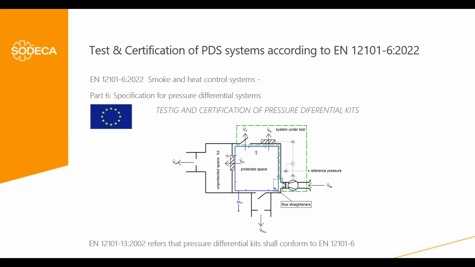It defines a test chamber with different possibilities, with the 3 types of kits, with barometric damper, with motorized damper, or with variable speed fans, with different possibilities of additional leakage from the protected space, additional leakage from the non-protected space, etc., with mechanical supply and natural or mechanical air release. There are different possibilities, but this standard clearly defines how to test these kits.